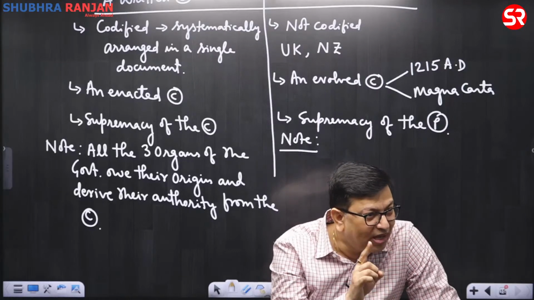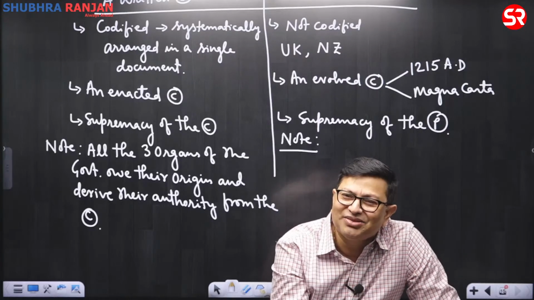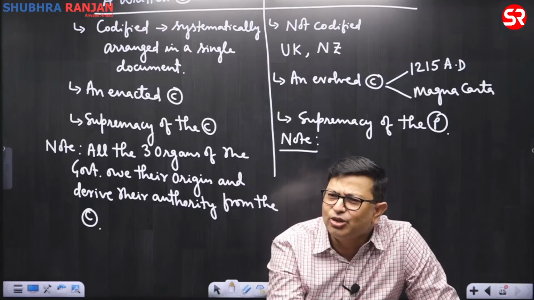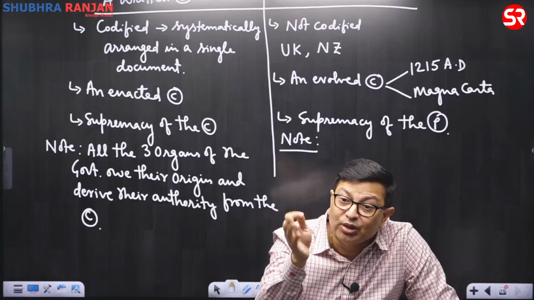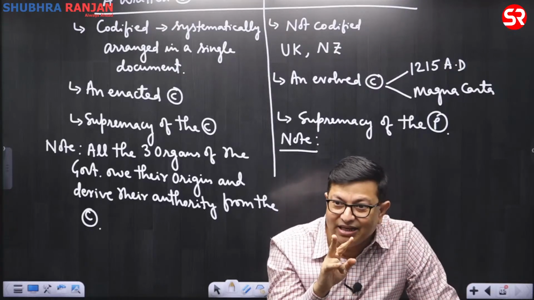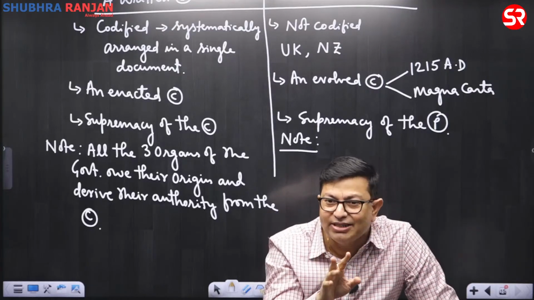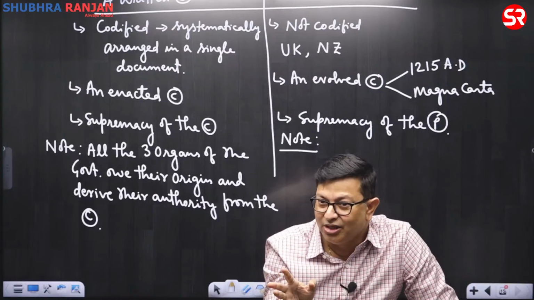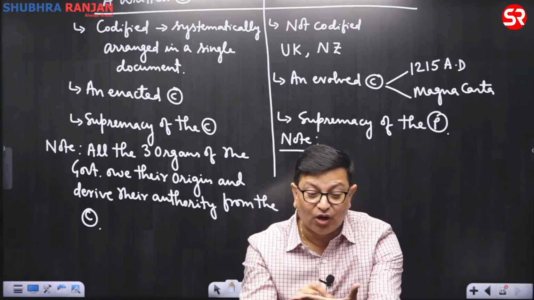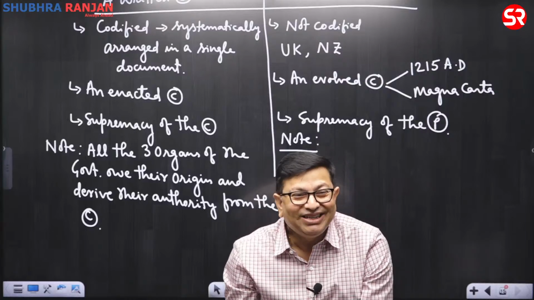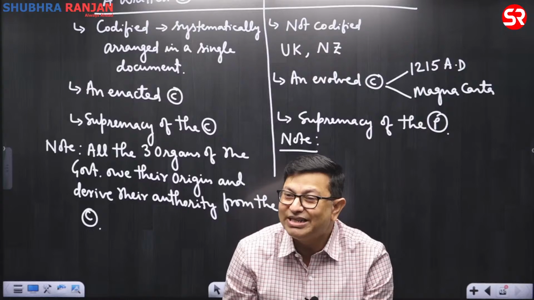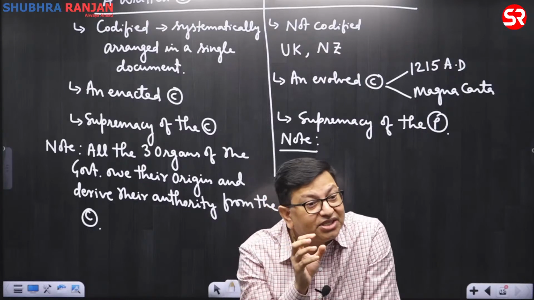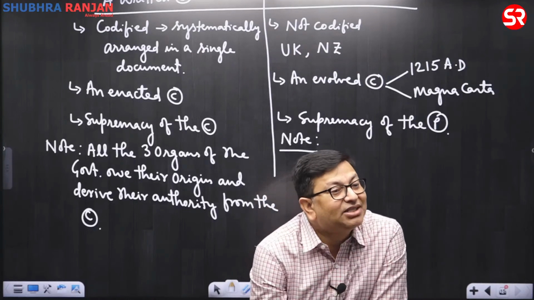The scholars who have analyzed the British Parliament have said that it is so powerful that it can make laws on any subject which is naturally possible. Changing a man into a woman and a woman into a man is not naturally possible, so you cannot make a law on that. But on all other subjects you can make a law and your law cannot be challenged. Such types of questions are asked in the main examination.